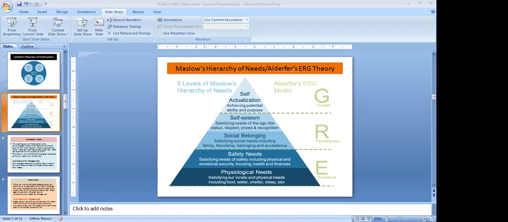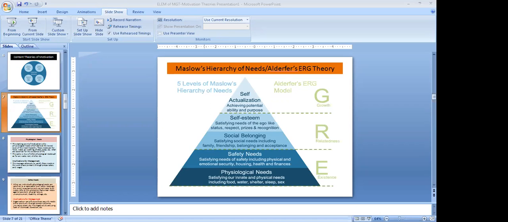So knowing these needs, knowing what drives man into exhibiting certain behavior is important. But the more important is what it portends for management. What is the implication of this knowledge of physiological needs to management?